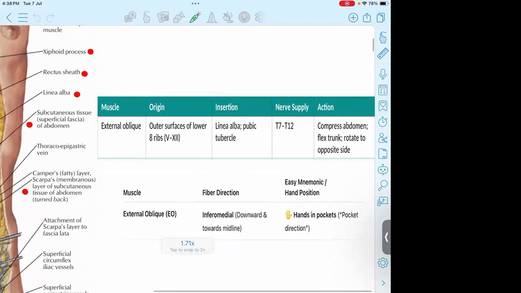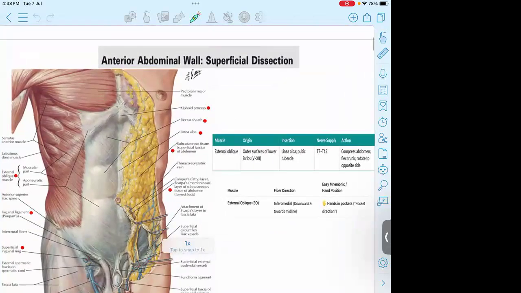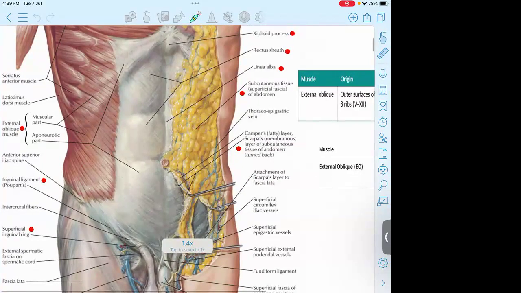And the tip is here, how we can recognize the external oblique muscle. We should see the direction of the fibers of external oblique, internal oblique, transversus abdominis. If we recognize the fiber direction, we can recognize the muscle in a cadaveric image. So see this image in this diagram. This is in an inferomedial direction.